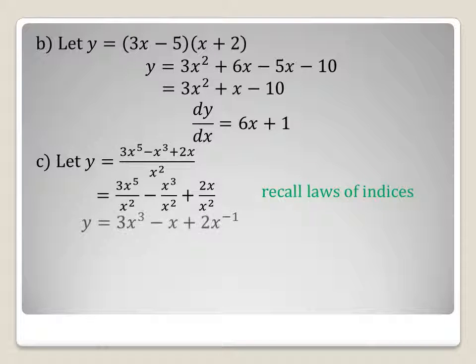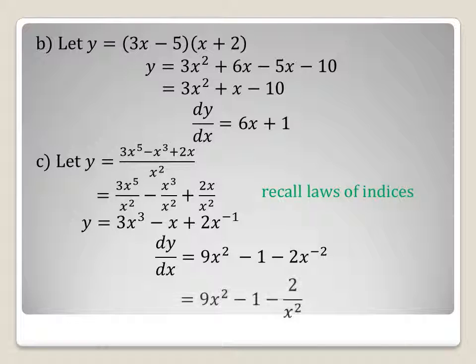It simplifies to y equals 3x cubed minus x plus 2x raised to the power of minus 1. And dy/dx is now equal to 9x squared minus 1 minus 2 over x squared.